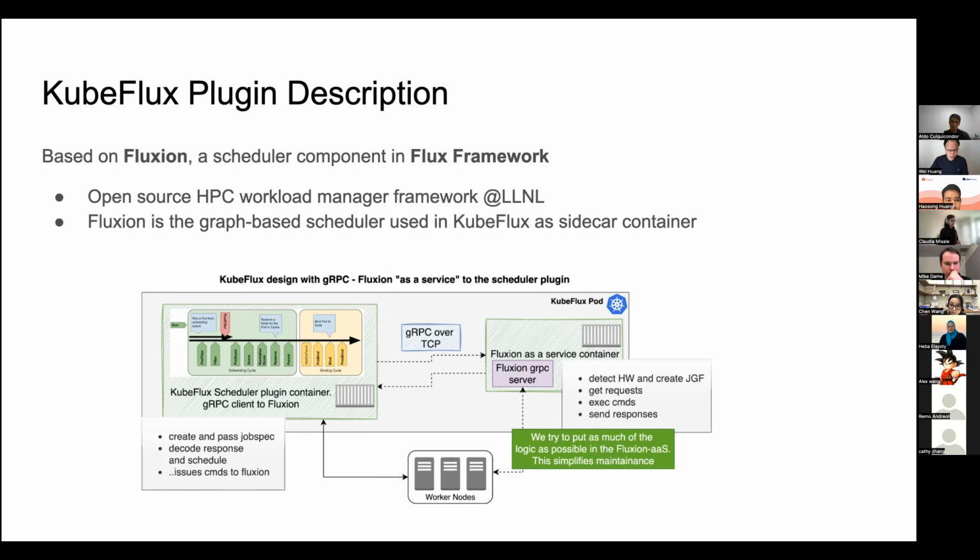That's not an unsolvable problem because you can update at every scheduling cycle as you usually do. You update the node list, you can see what's actually running and update the internal state of the Flux scheduler. So that's possible to do.